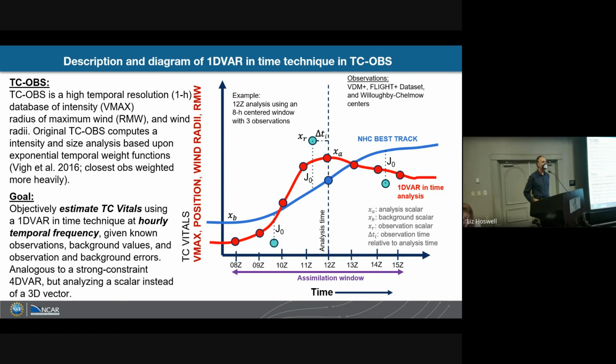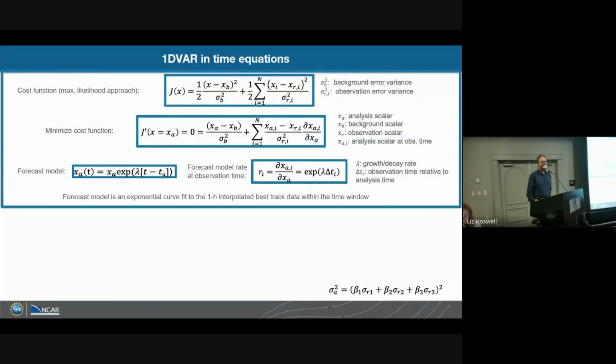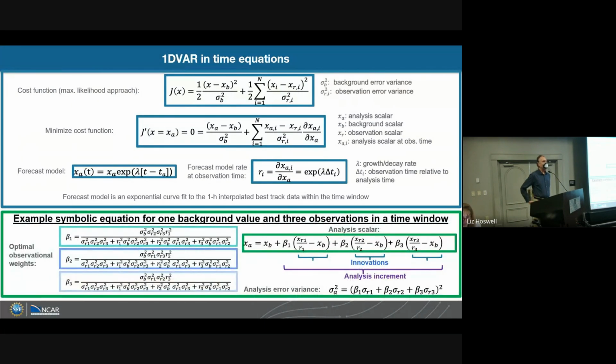Okay, next slide. So here's the full gory details. It's just like what you would expect from a DA method. There's a cost function, there's a minimization that's done, there's a forecast model and an update model, and it's all DA. So it's kind of cool to apply this in a very simplified framework where you can actually see what's going on in the equations. But these can be recast, and in the bottom right panel, you can see there's 3 terms.